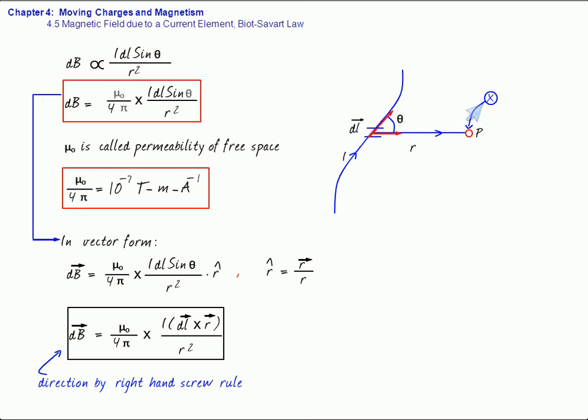So this is the symbol of inward normal, pointed into the plane. Now, magnetic field is a vector quantity, direction is determined by right hand screw rule.